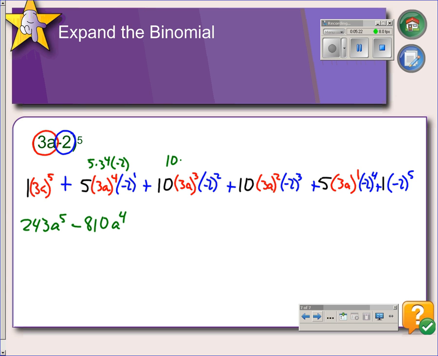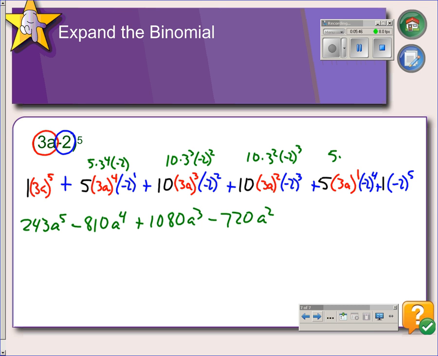Then we have 10 times 3 cubed times negative 2 squared. So that comes out to 1,080. Then we're going to have 10 times 3 squared times negative 2 cubed. That's negative 720.